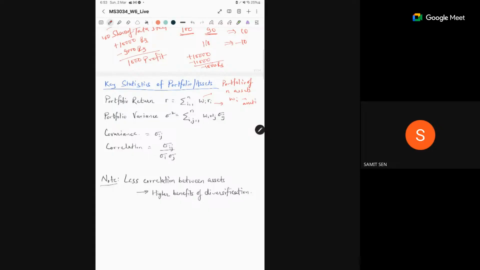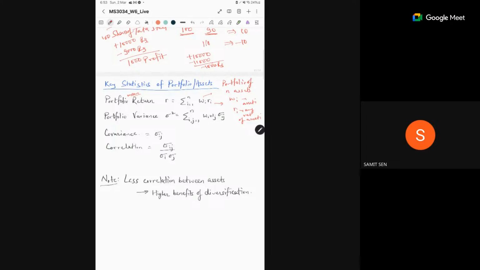Okay, and you are giving wi weight to an asset i. If this is the case, then your portfolio mean return would be the sum of wi ri, where ri is the average return of asset i.